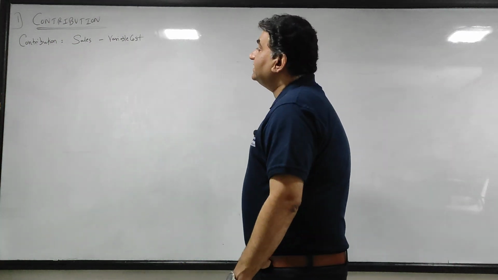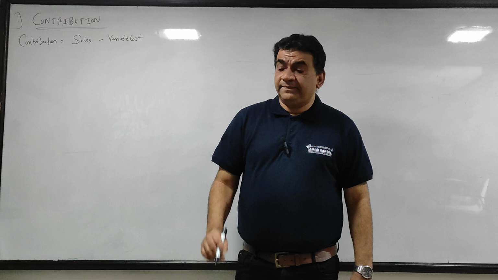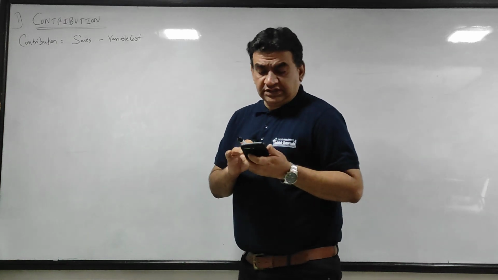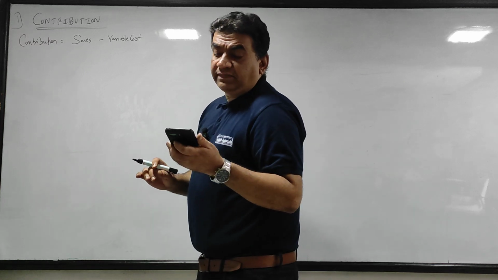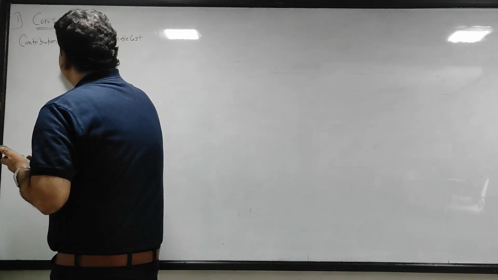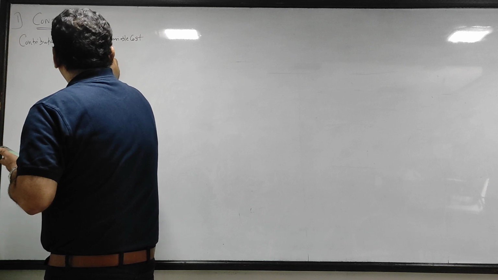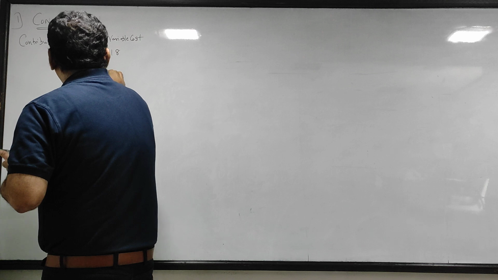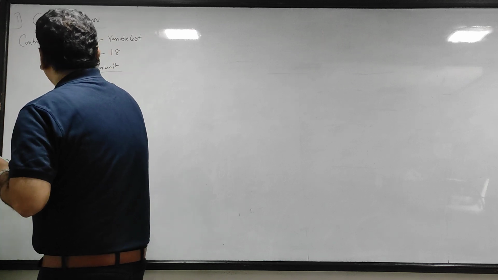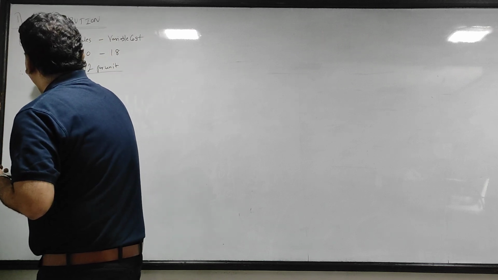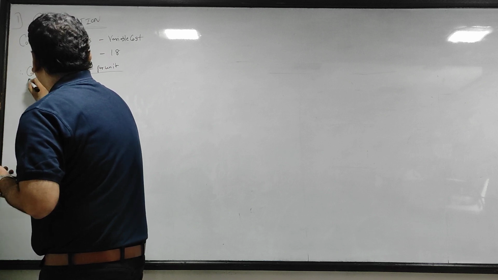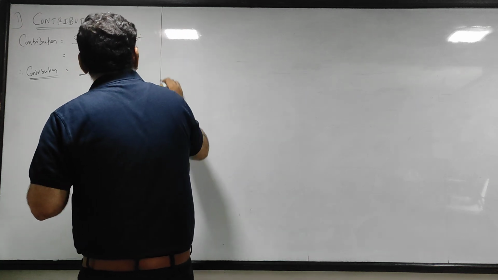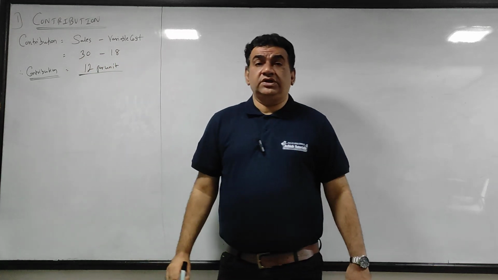So contribution is sales minus variable cost. Let's calculate, and then I'll show another logic why the word contribution is used. Now, what is my selling price? 30 rupees, variable cost is 80. So now if I substitute 30 minus 80, my contribution becomes 12 per unit.